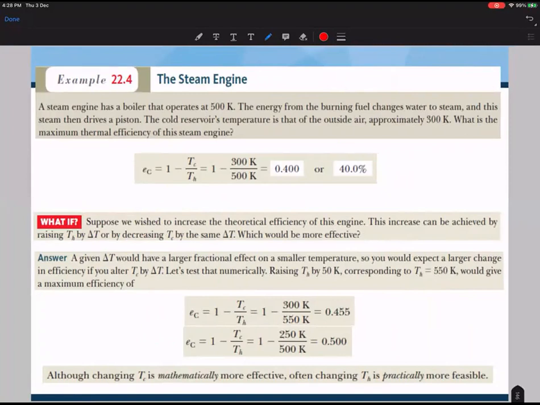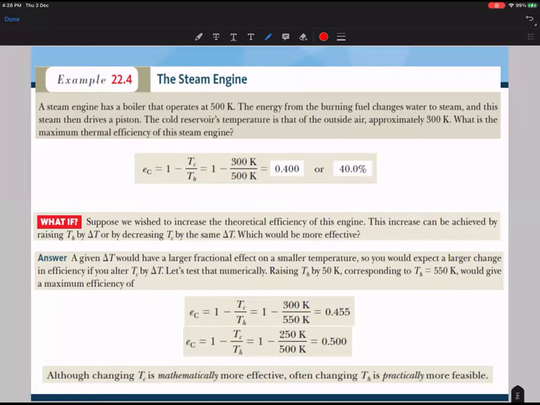Okay, here, let's take a look at an example. In this example, you have a heat engine, actually a steam engine. Heat energy is provided by a hot reservoir at 500 K. The energy from the burning fuel heats up the water and drives a piston.